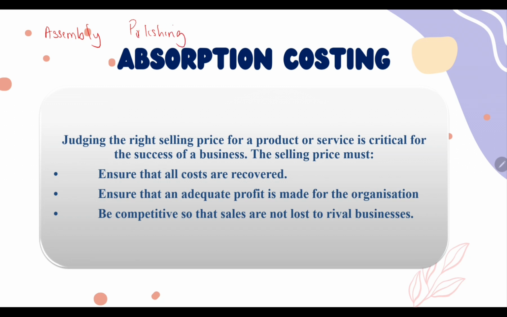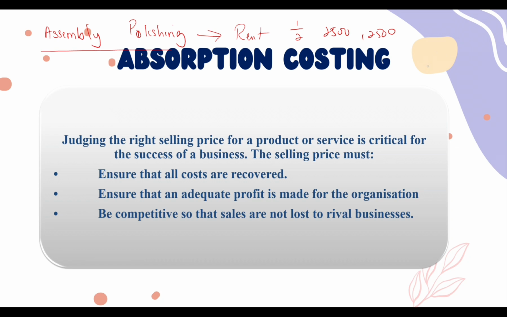So in a case like this, we have two different areas in the same company. How do we share out things like rent? They may not occupy the same area, so we can't say you pay 2,500 and I pay 2,500, right? We need an equal basis to share this out.